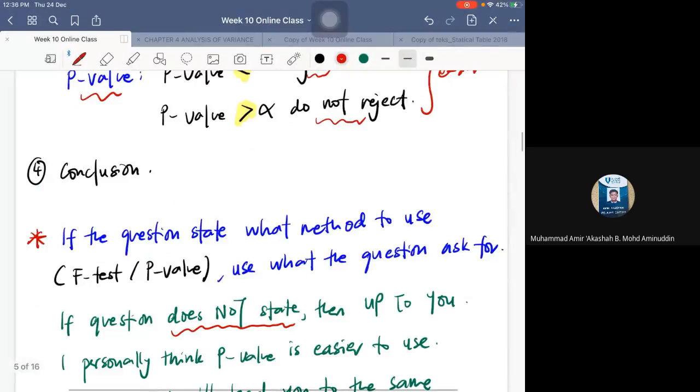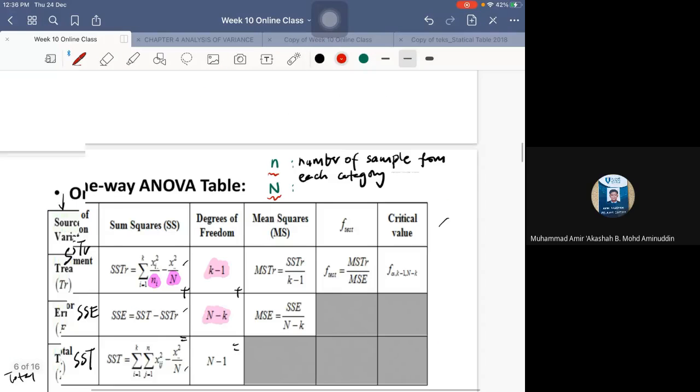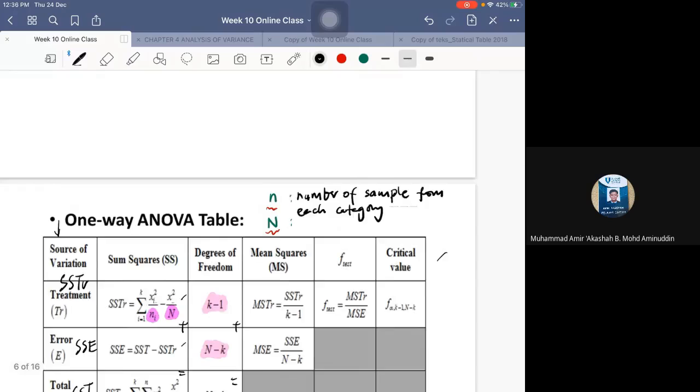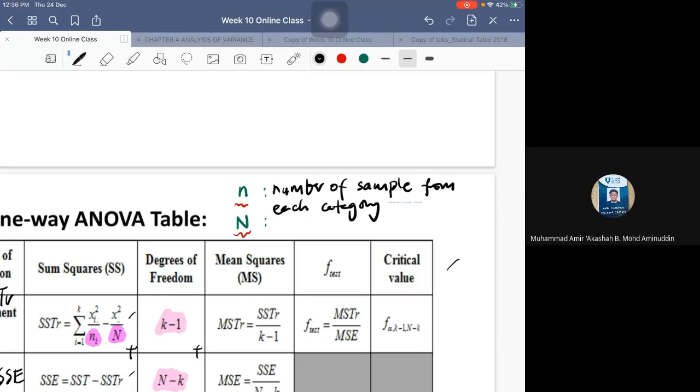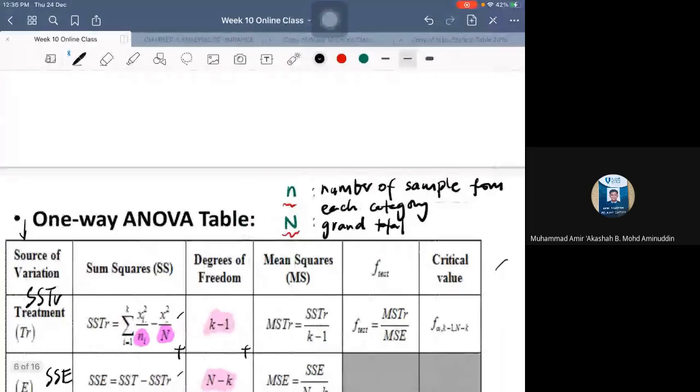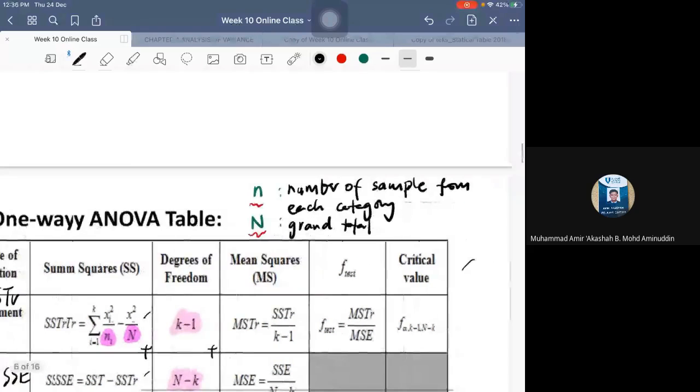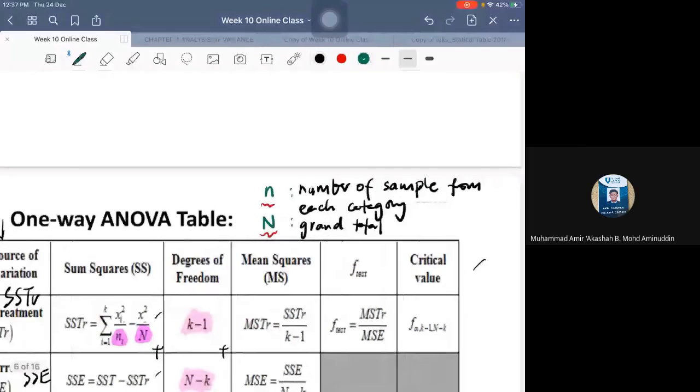But what is the difference between the capital N and the small n? The capital N is the grand total. What is the grand total? It means you add up all the samples from each of the categories. For example, let's say that from the first category I have 4 samples, from the second category I have 2, and from the third category I have 3.